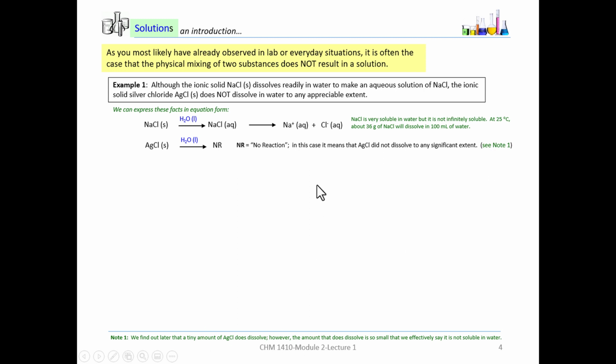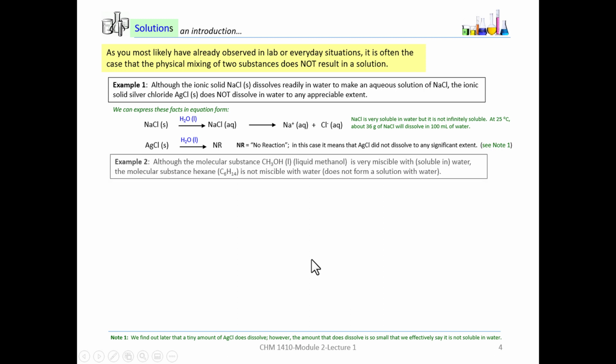When we say that silver chloride is insoluble in water, it does perpetrate a little lie, because we find out later that a tiny amount does dissolve, but it's so tiny that if we say that silver chloride is insoluble in water, we're not really lying unless we take it to the extreme. In any event, sodium chloride dissolves in water, silver chloride effectively does not.